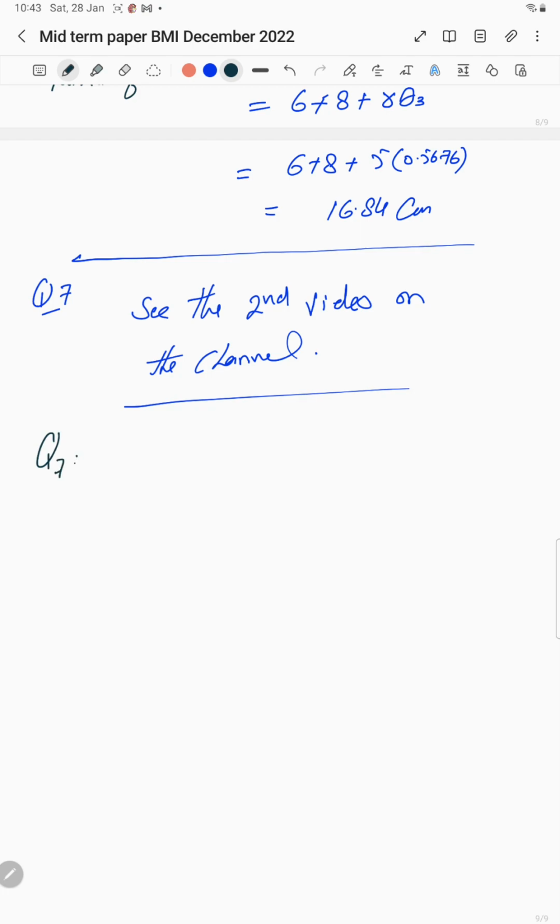For this, it was given to you that in a rectangle with sides of length x centimeter and width y centimeter, where x is bigger than y. So you are given a rectangular field. Here this side is a river. This is a diagram given to you.